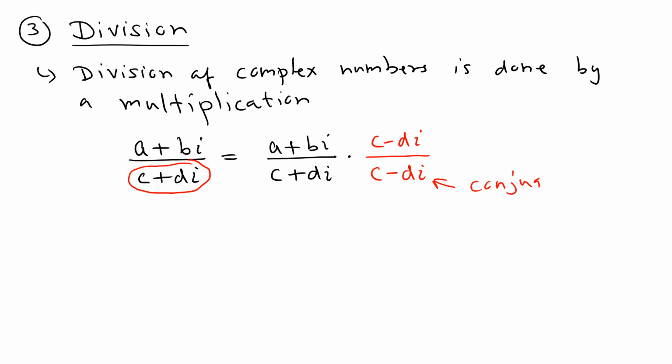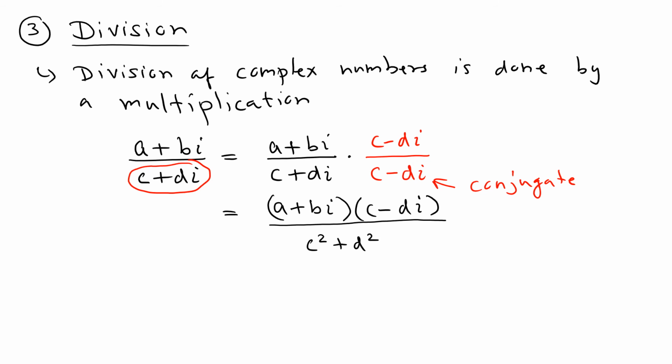So that's exactly what we do in this case: just multiply by the conjugate of the denominator. Now when you do that, you can see the top is just a multiplication of two complex numbers. So it is a plus bi times c minus di, that we know how to do. And then the bottom is simply c squared plus d squared. That's a shortcut. It's always the case.